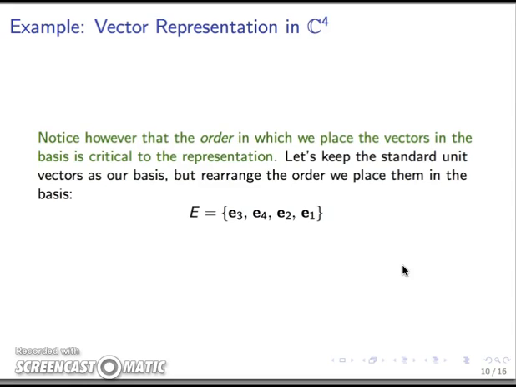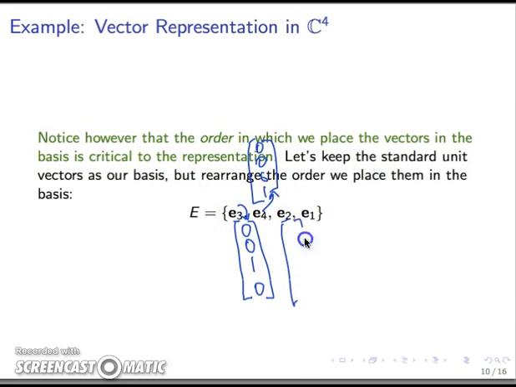With this listing where E3 is first, this is basically like a permutation of the columns of the identity matrix. So the first vector here looks like 0, 0, 1, 0. That would be the first vector. And the second vector would be 0, 0, 0, 1. So here is E3 and this would be E4. And the other vectors we know, right? This is 1, 0, 0, 0, and this one would be 0, 1, 0, 0, right? So this is E2 and this is E1.